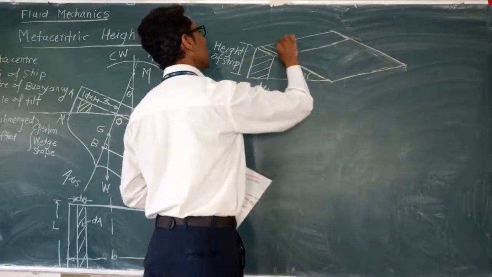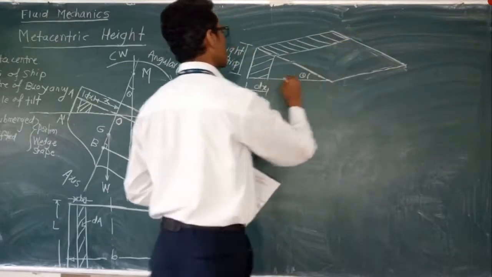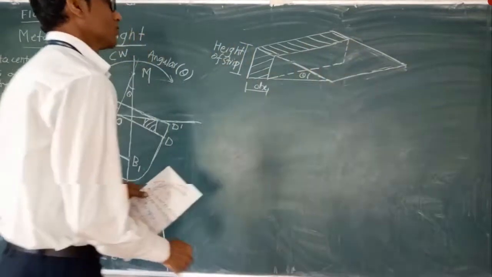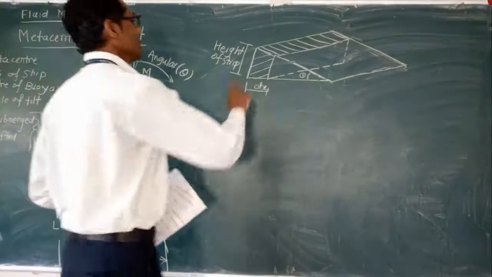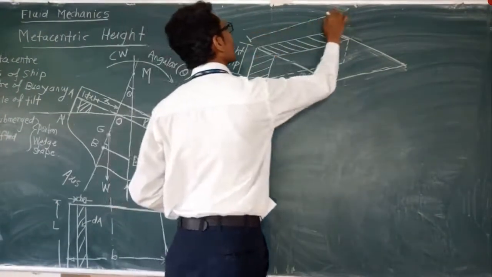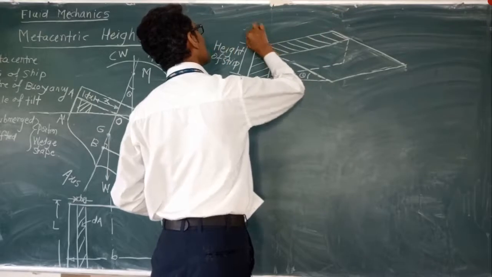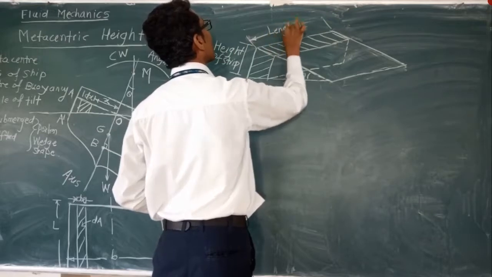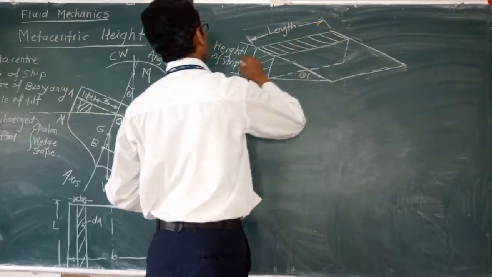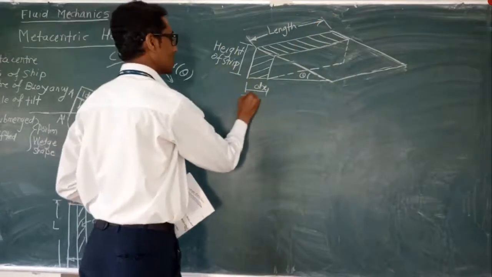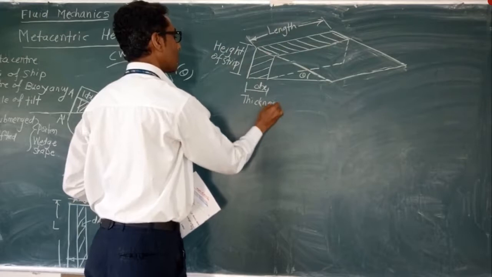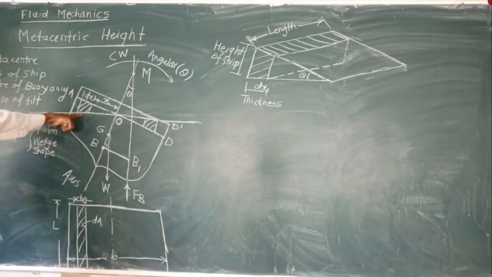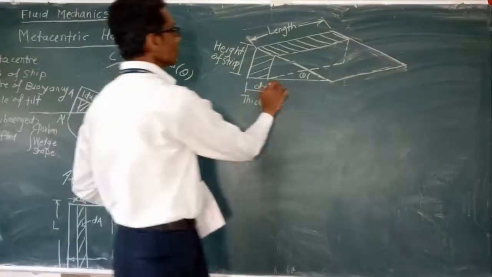This is the hatched portion of the strip, which is actually required for the volume. So here we can show the length of the strip, the height of the strip, and this is the thickness. This wedge shaped elementary element we are showing here.